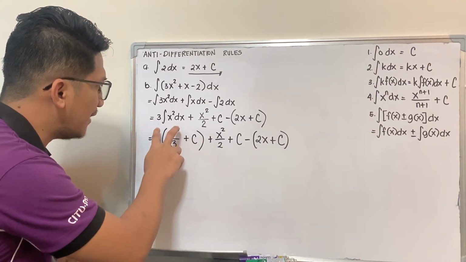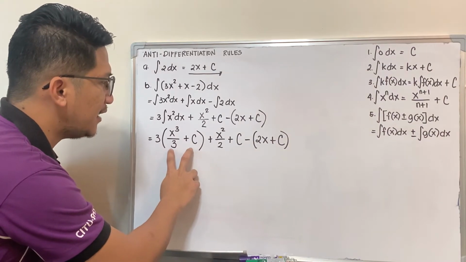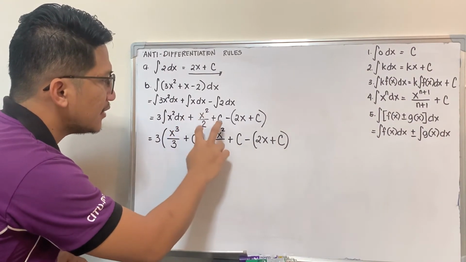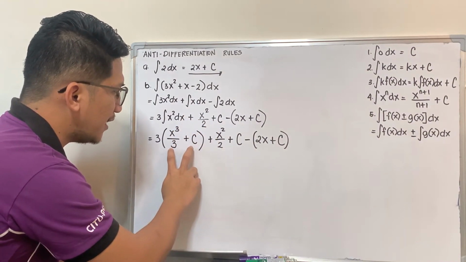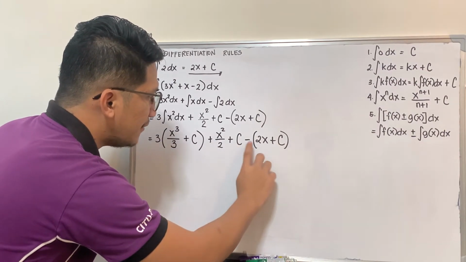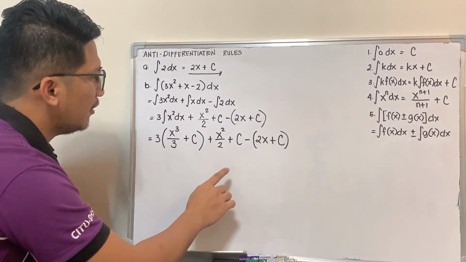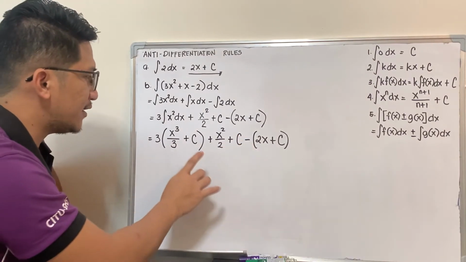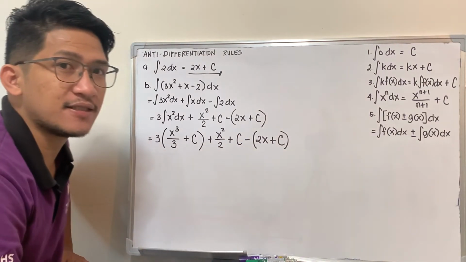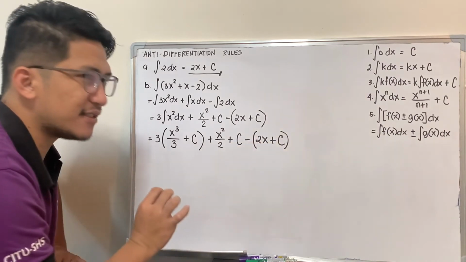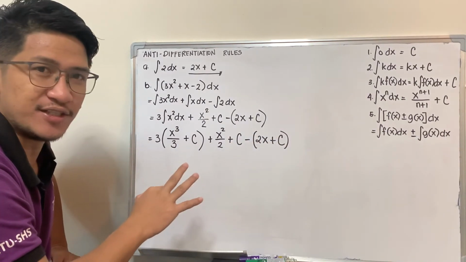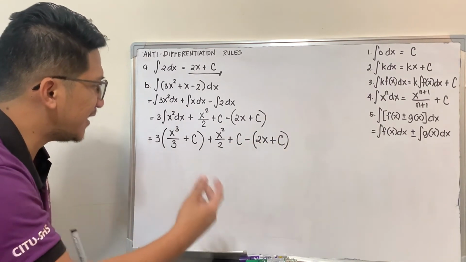Since naka-apply naman ta, nag-plus C na ko. They will not really matter because they are all any constants. So, if you add or subtract any constants, the result is still any constant. Okay? That's basically the idea.